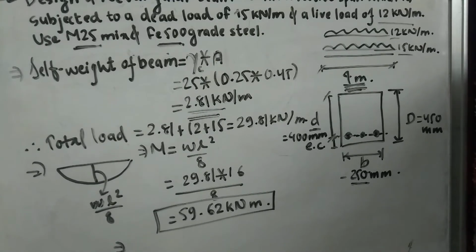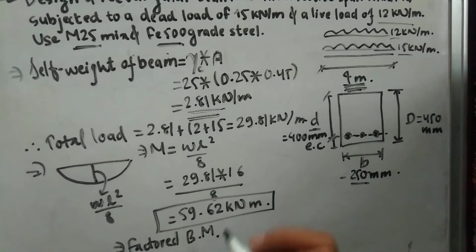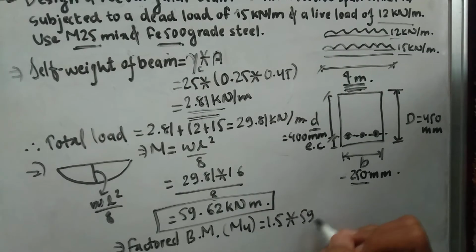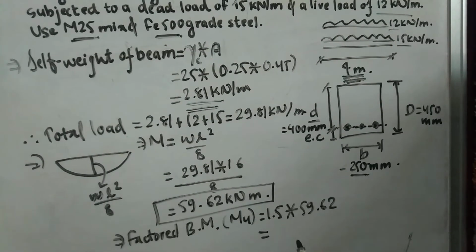Following the assumptions of the limit state method, we now find the factored bending moment, Mu. To find it, I need to increase my bending moment by 1.5. So I get my factored bending moment Mu as 89.43 kilonewton meter.